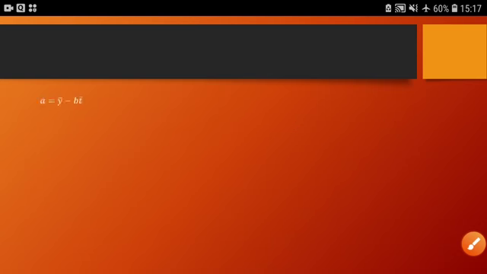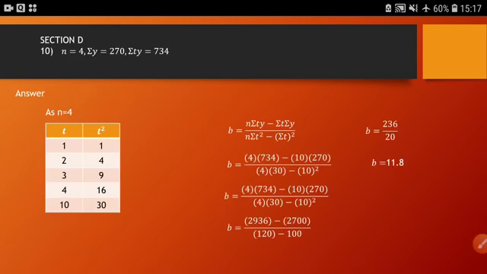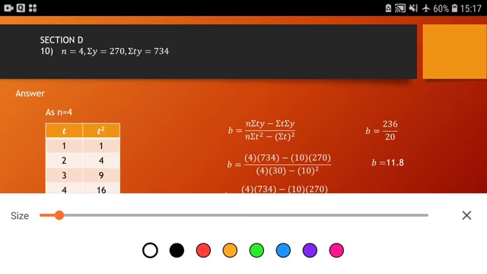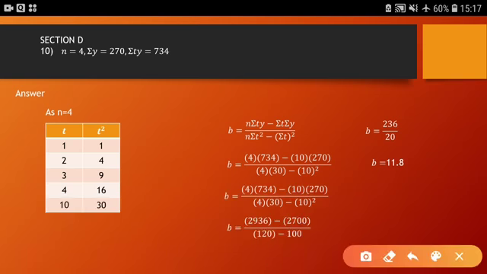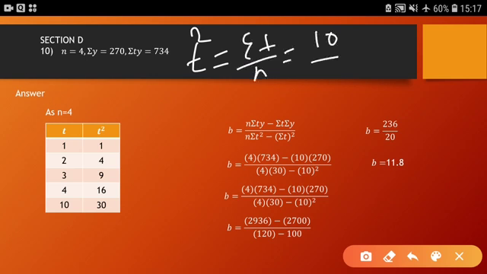Now we will find a. a is y bar minus b t bar. You can find y bar and t bar yourself. t bar is sigma t upon n, that is 10 upon 4, which is 2.5.